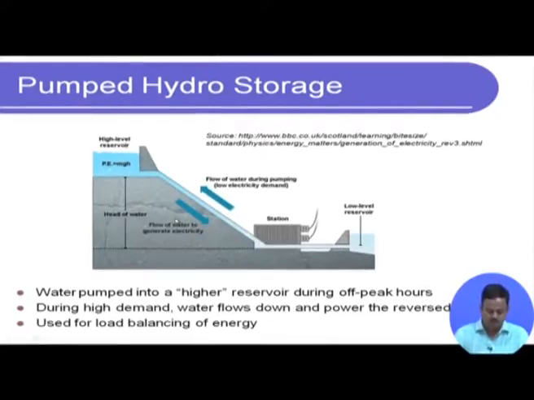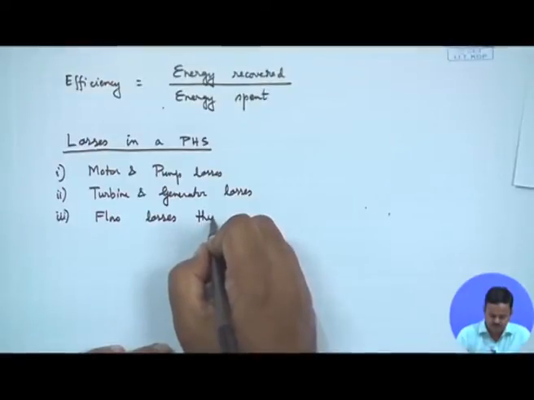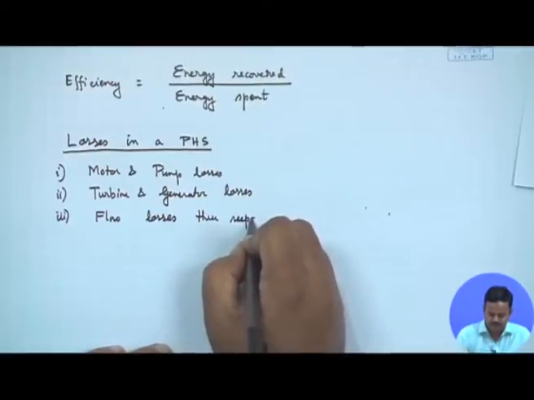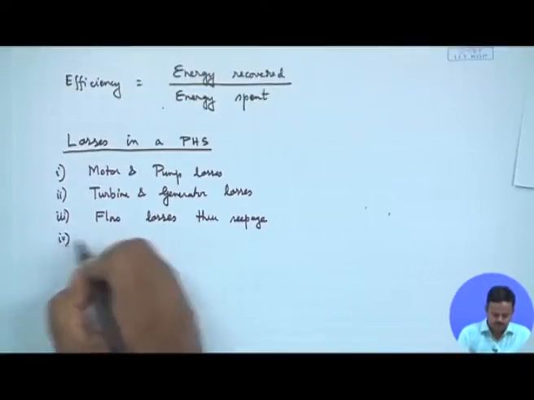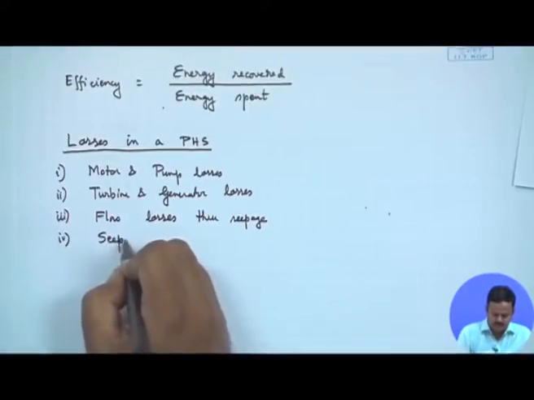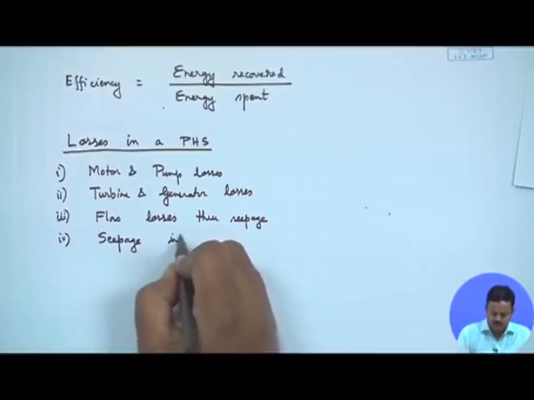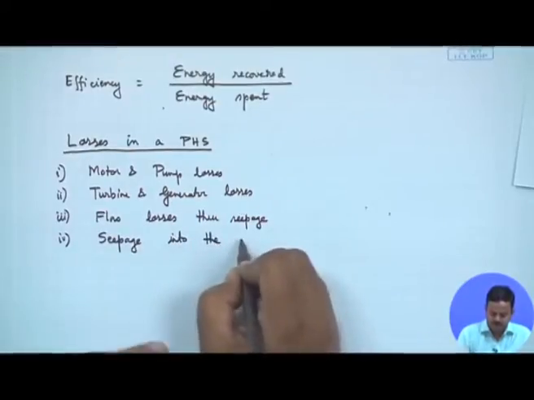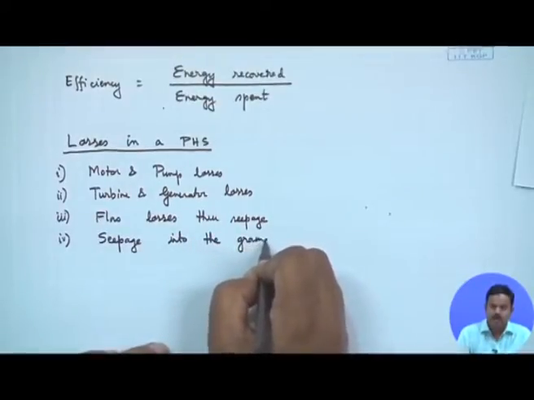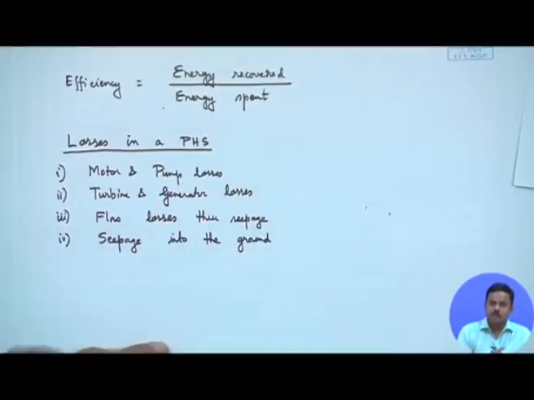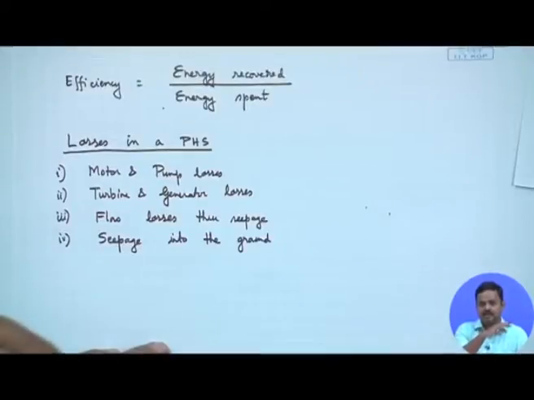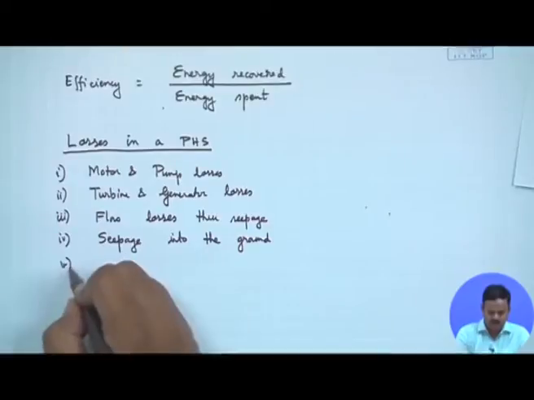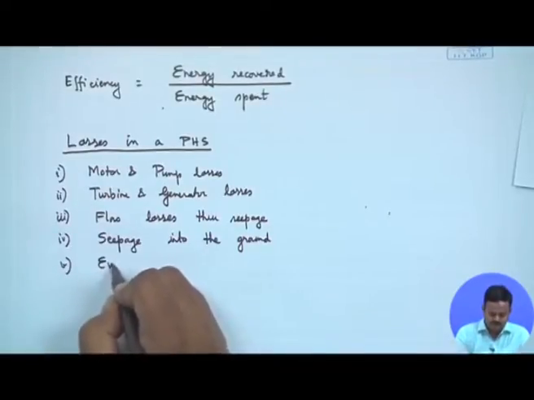So, flow losses, let us say through seepage, clear. There can be seepage into the ground, especially from the top reservoir, because after it is pumped up, it is staying there. So, something can seep in, and there can be evaporation also during storage.